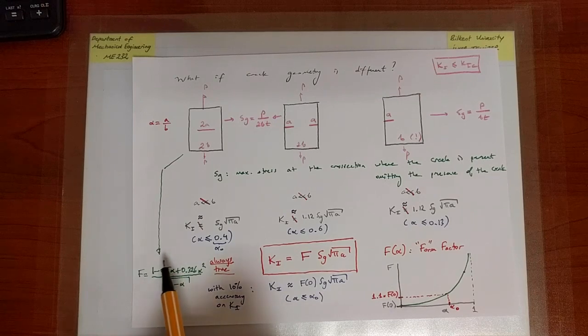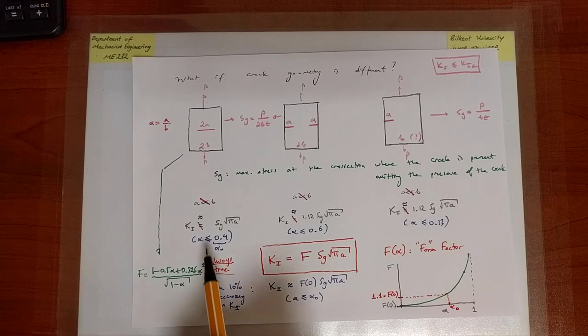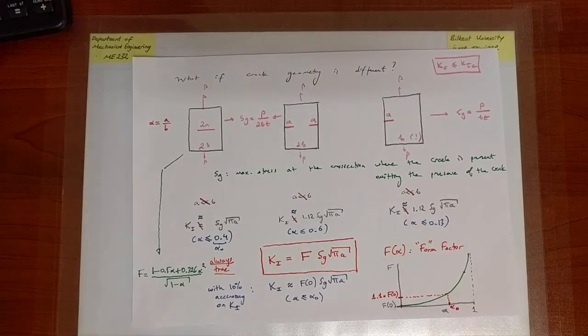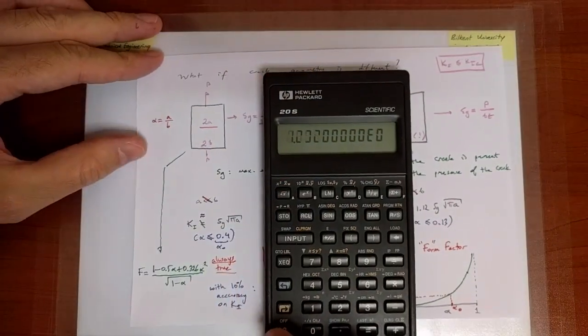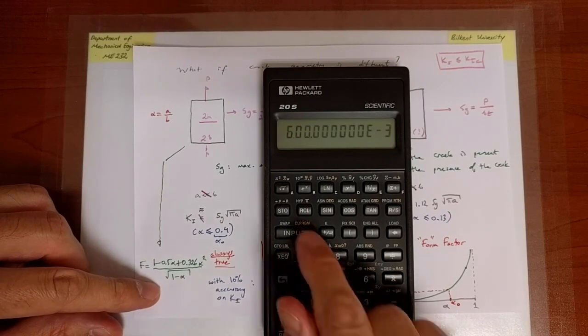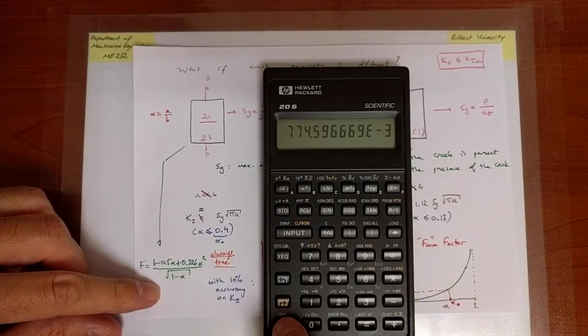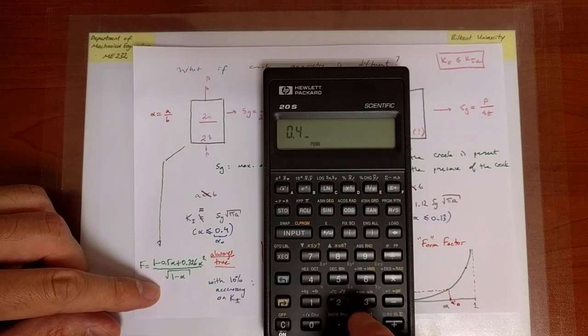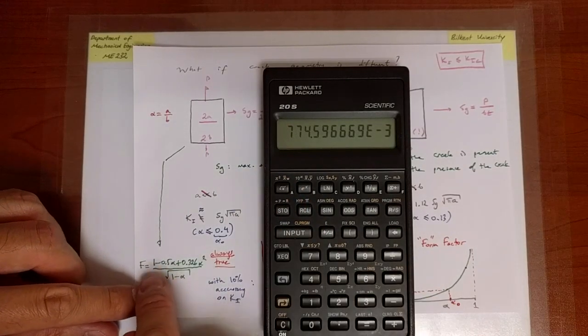Okay? And now, just as a fun scenario, we can plug in alpha equals 0.4, which is alpha 0, into this expression. So let's do that together. First of all, 1 minus 0.4, square root. This is that value.